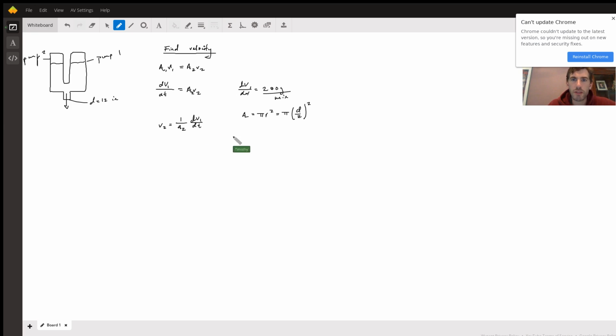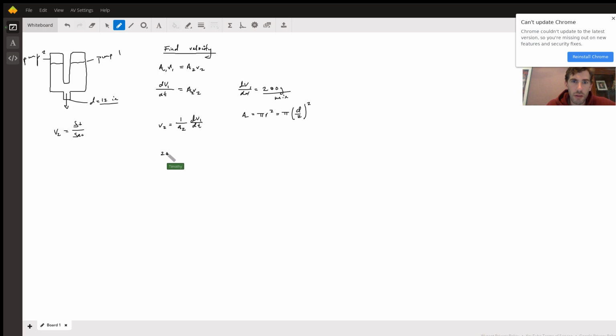All right, so can we just multiply this out? Well, no, we have diameter in inches, and we're trying to get V2 in feet per second. And we also have dV in gallons per minute. So we need to convert both of these to get units of feet and seconds.